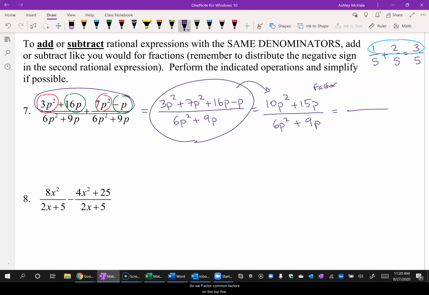So we factor common factors on the top, 5p, 2p plus 3, and on the bottom, 3p, 2p plus 3, and then we can cancel like factors that occur, one on the top, one on the bottom of the fraction bar. 2p plus 3 cancels, and then these p's also cancel to leave us just with 5/3 as our answer.